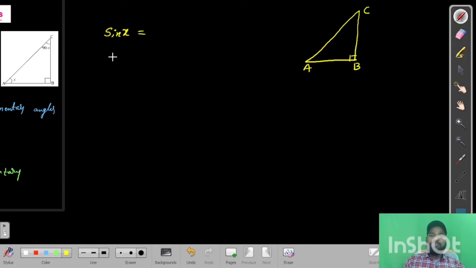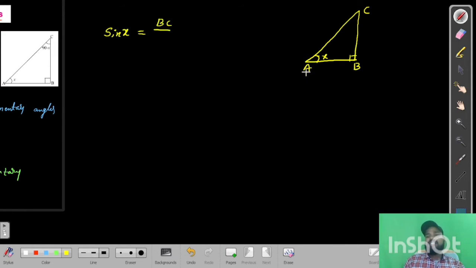Now what is the sin x formula? Sin x formula is opposite by hypotenuse. What is opposite here? With respect to angle x, opposite is BC.